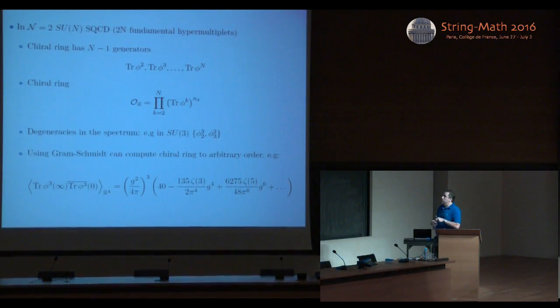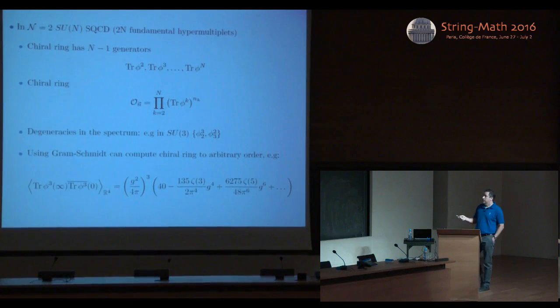Another interesting example to keep in mind is the case of super QCD with gauge group SU(N). This theory is superconformal if it has 2N hypermultiplets in the fundamental representation. There are several important differences in this theory compared to the other ones. One of them is that the chiral ring now has N-1 generators.